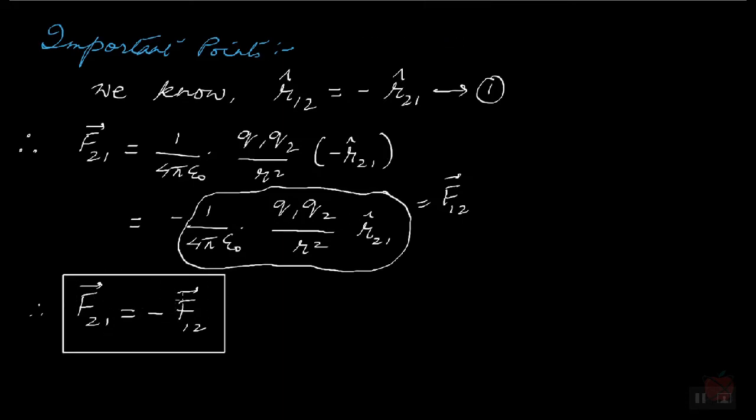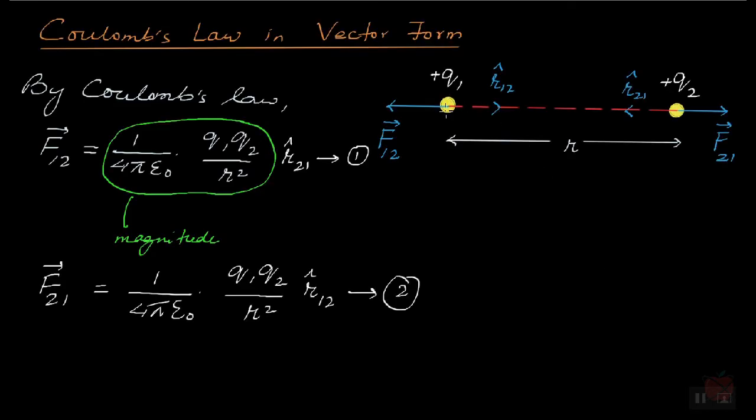That means the two forces are equal in magnitude, opposite in direction. If we take the modulus, F12 modulus is equal to F21 modulus. So what does this mean? It means that the two forces are equal in magnitude. The force with which this charge is pushing that is the same as the force with which that charge is pushing this. And they are opposite in direction.